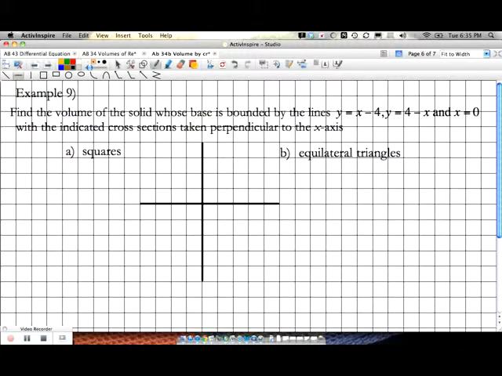And I got 2 lines. I'll draw these in gray just so they stand out a little bit. We have x minus 4, so that's 1, 2, 3, 4 down here. So we have a line that looks kind of like that. And we have another line which is 4 minus x. That's going to look like this. And then we're also bounded by the line x equals 0, which is really just this axis.